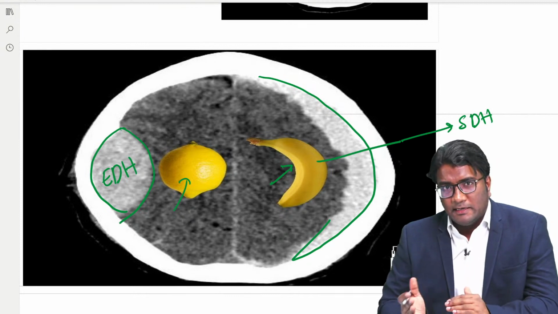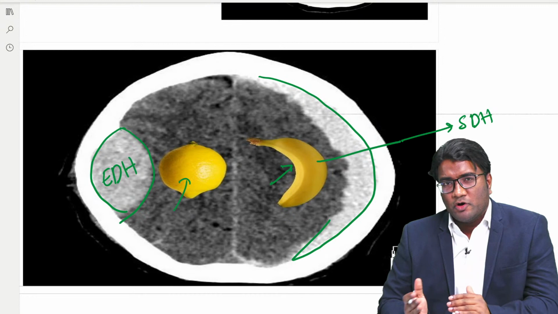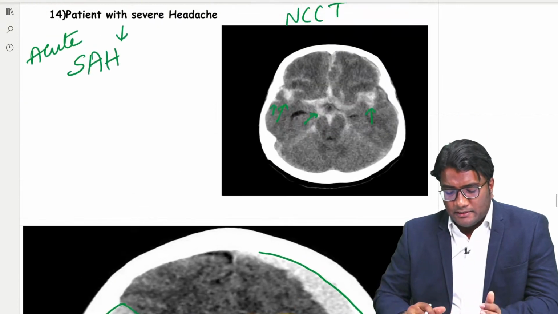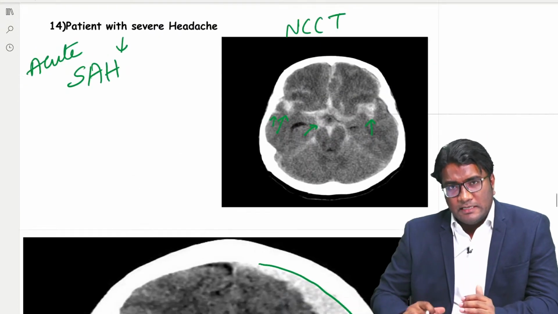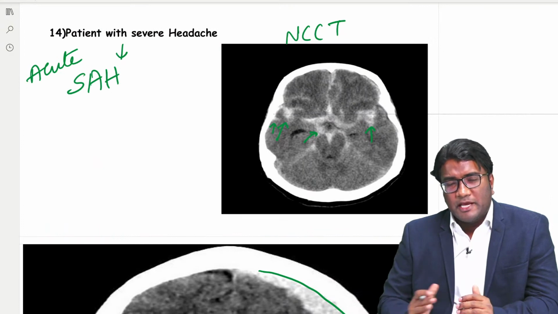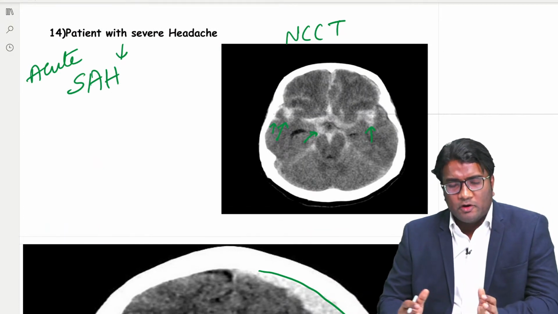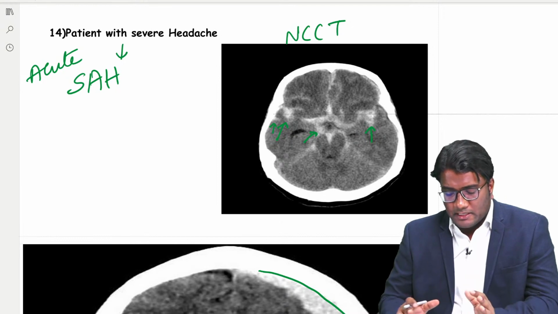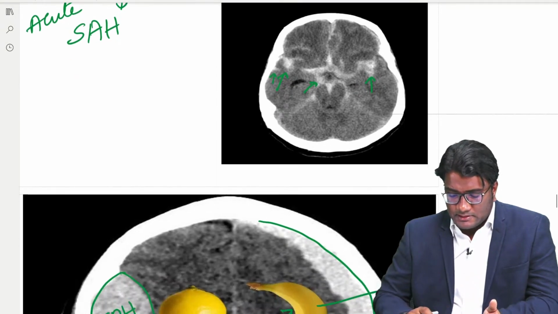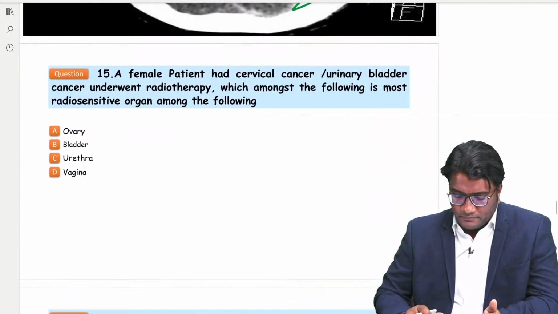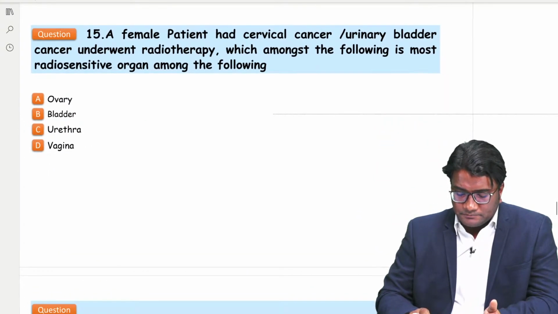Subdural hematoma, banana shape, concavo-convex, crescentic, and subarachnoid hemorrhage would be hyperdensities in sulcal spaces, Sylvian fissures, basal cisterns. We do it in detail in the neuroradiology part, where we discuss everything about these CT scan images. Okay, let's come to the next one.